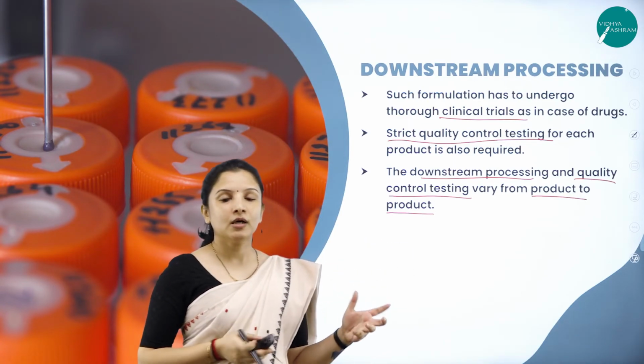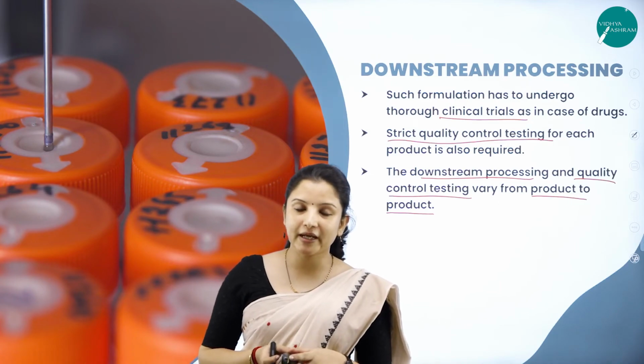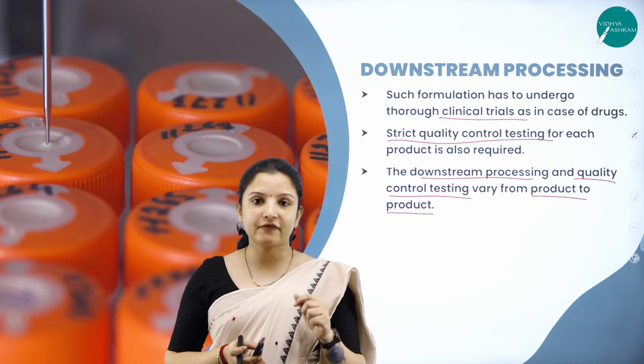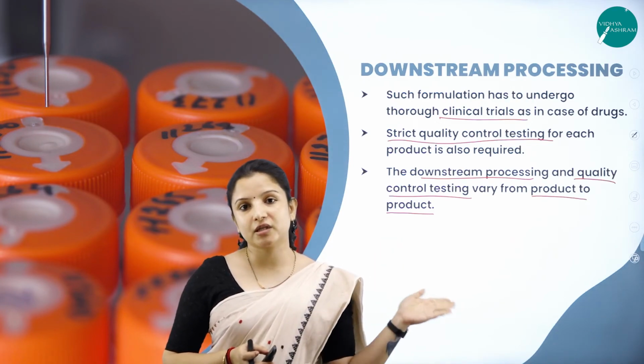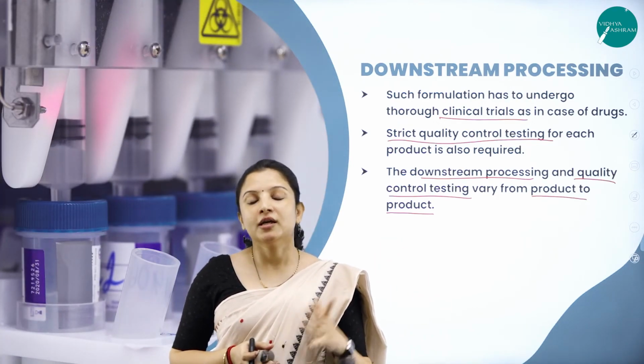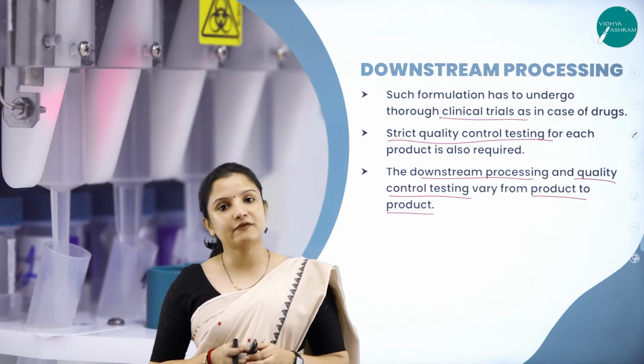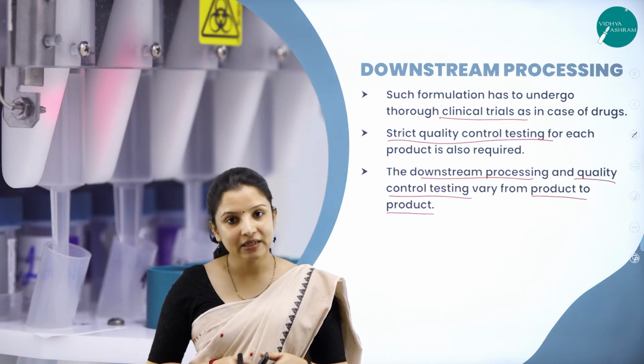So this is how we get the final end product from recombinant DNA technology. Especially for manufacturing medicines, recombinant DNA technology is one of the best suited methods. So these are the different steps followed in recombinant DNA technology.